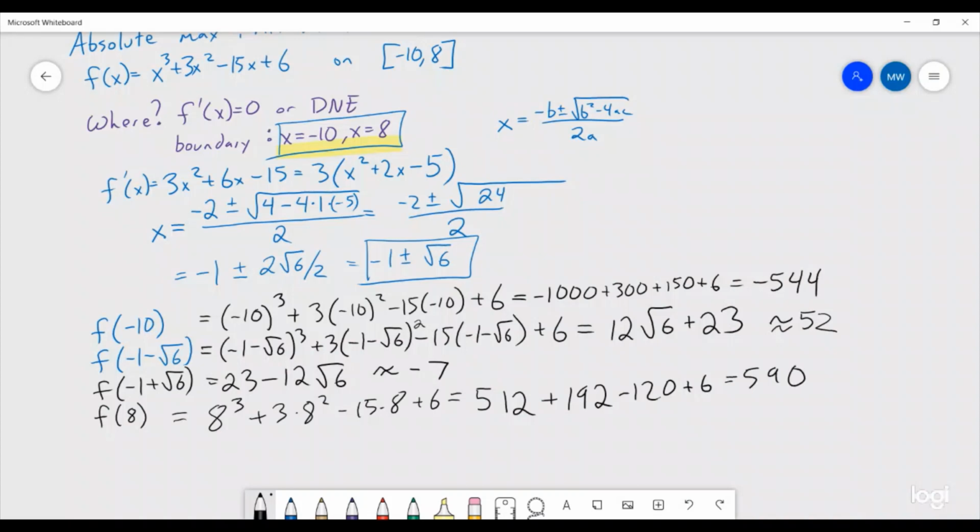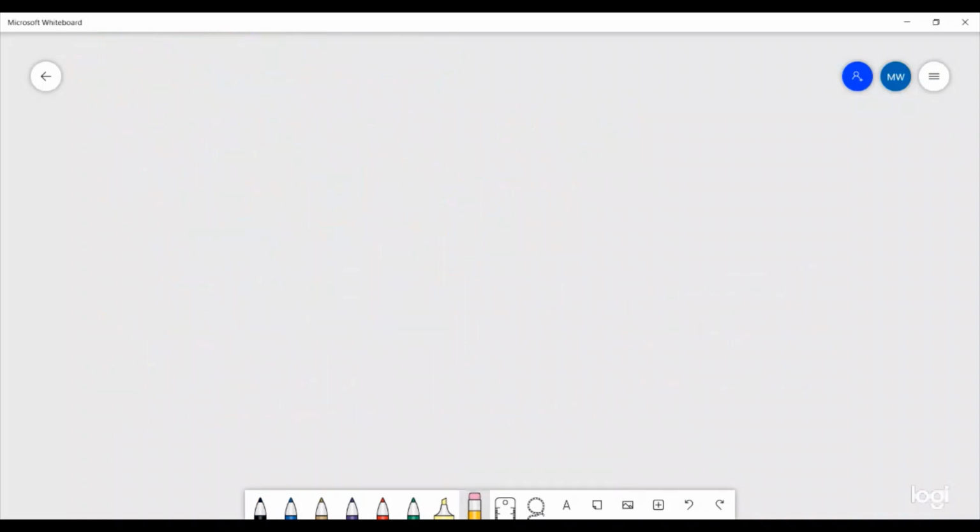So in this case, our absolute maximum and our absolute minimum happen at the endpoints, but we have local minimums and local maximums at other values as well. Okay, next one, let's do some mean value theorem stuff.